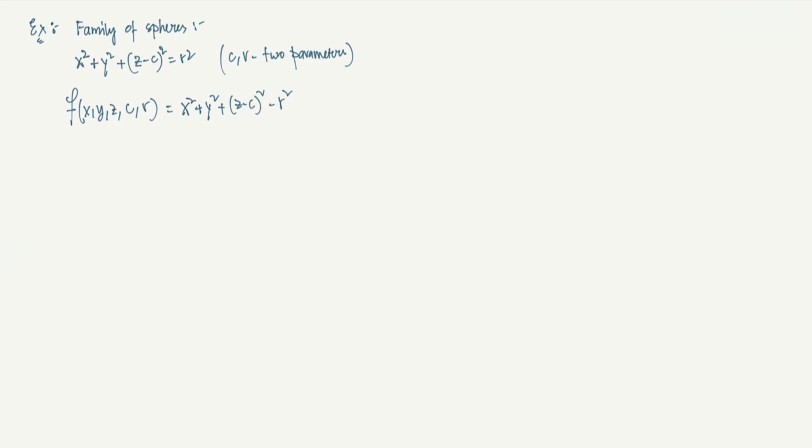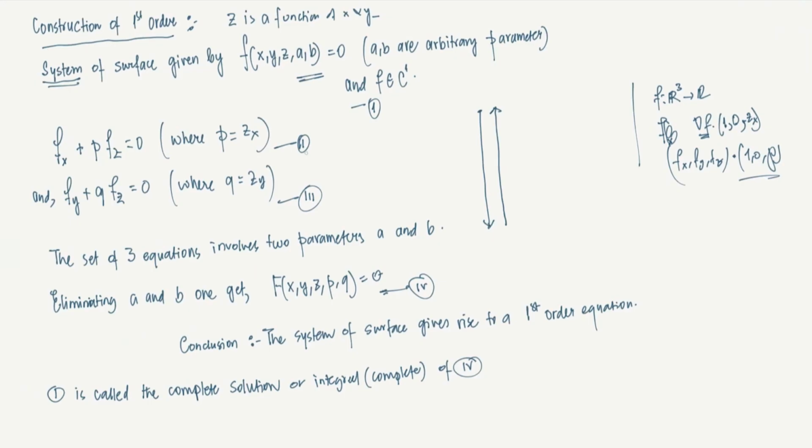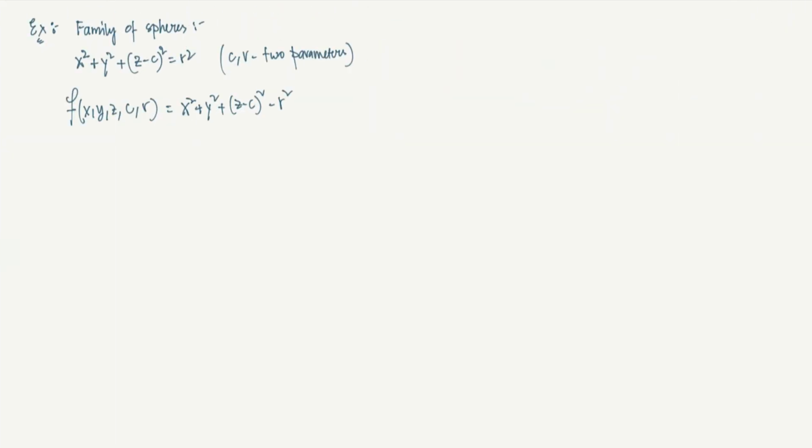Now, we have to do what? Initially, you remember, to get 2 and 3, we differentiate with respect to x and differentiate with respect to y. The first relation is fx plus p fz equals to 0. So what is fx in this case?